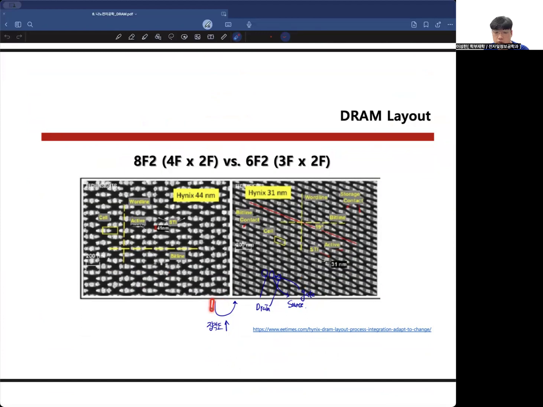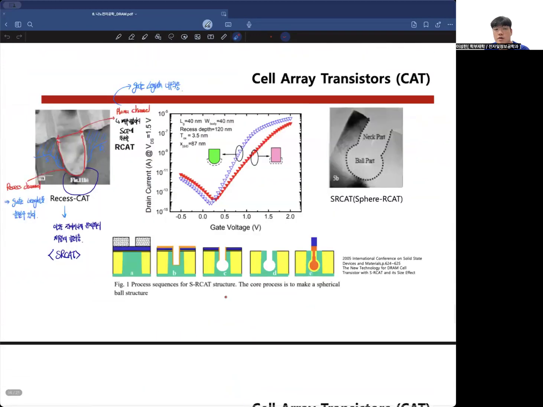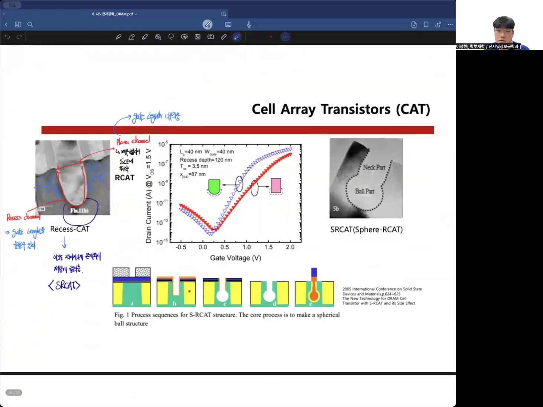You can see this has much more integration than the 8F-squared. And for the cell array transistor, we can use this array structure, and the integration is much more improved.